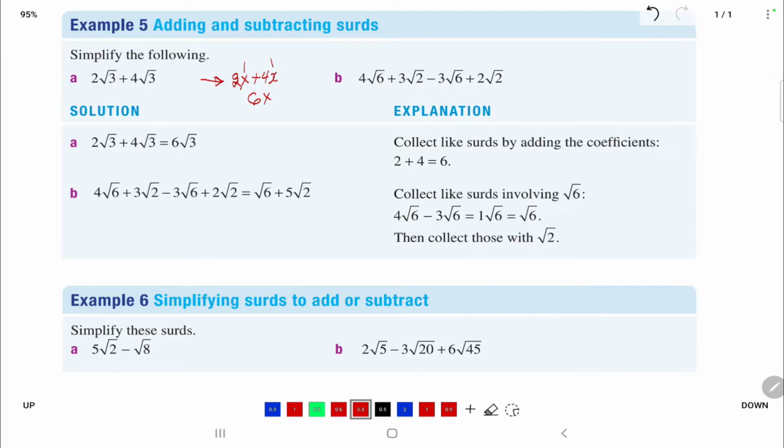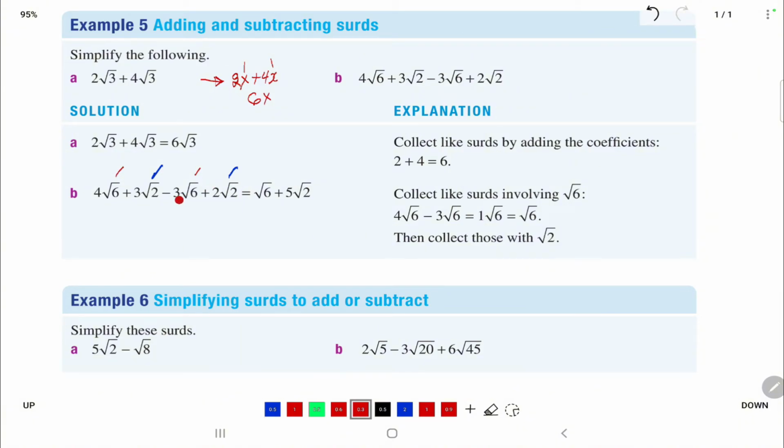Now we have these terms that are similar: under the square root of 6, this one 6, and this one under the square root of 2. So we have two terms with the square root of 6 and two terms with the square root of 2.